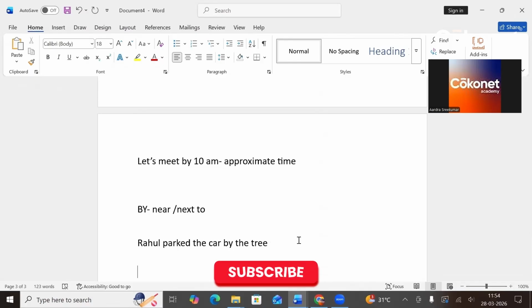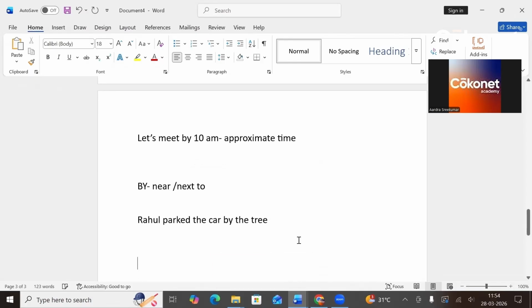Now, if I have to say the project was completed by our team, here "by" is used in passive voice. And one more thing, it is indicating who did the action, right?